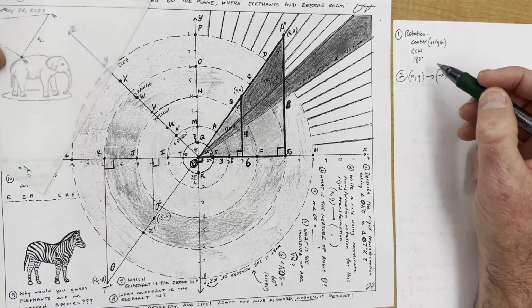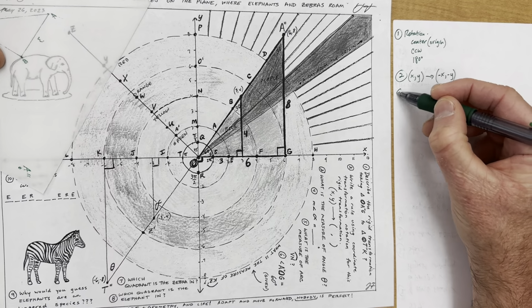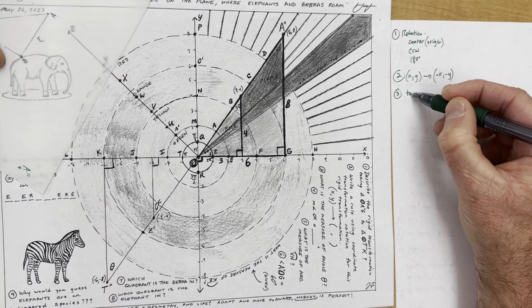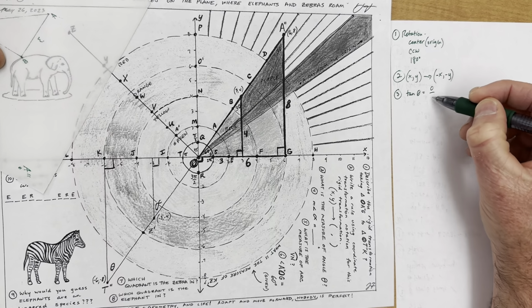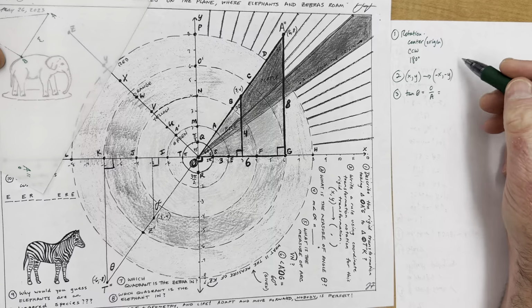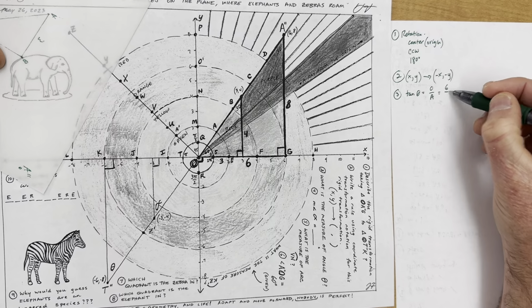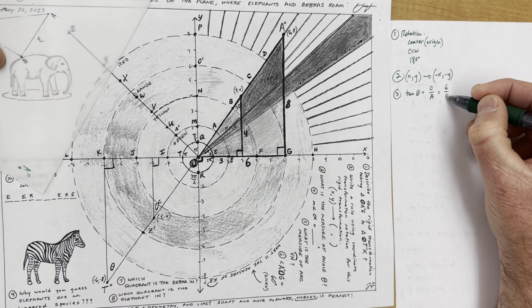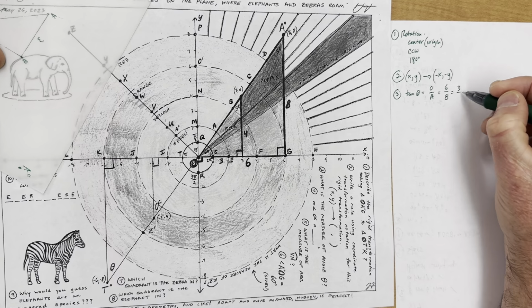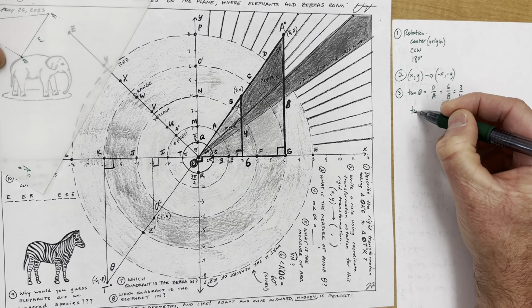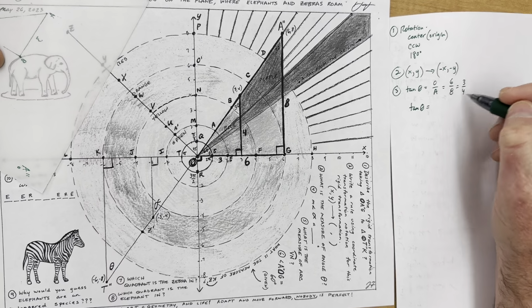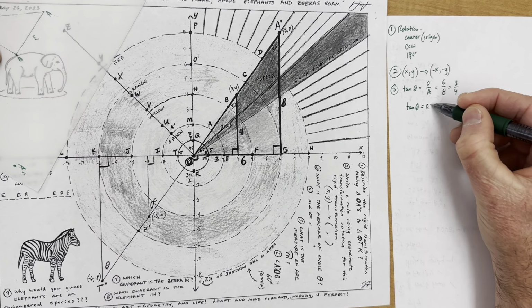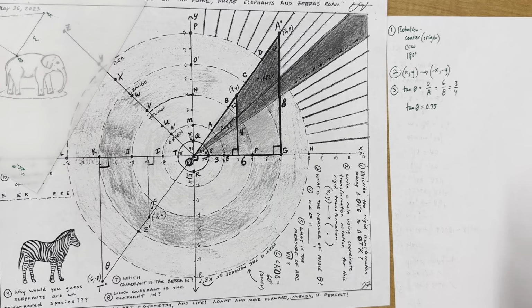So for that, number 3, you would say tangent of theta equals opposite over adjacent, which in this case is 6 over 8, or 3/4. So we'll say tan theta equals 0.75. That's what 3 divided by 4 is.